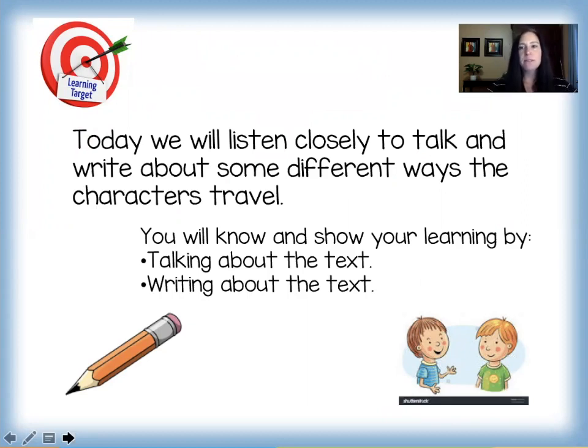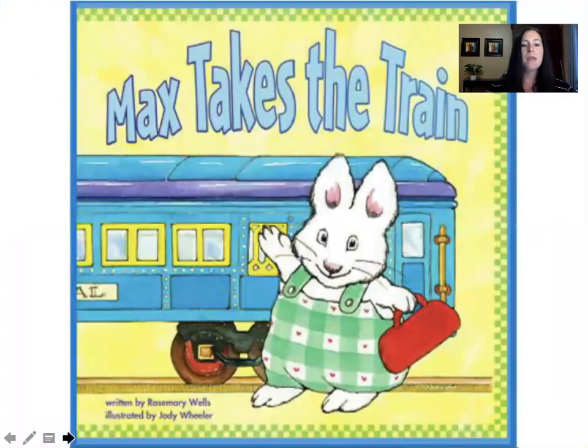So remember, boys and girls, that we're going to be thinking about the characters and how they travel, what types of transportation that they use to get somewhere. Today, we're just going to read part of our story for activity 1. And then when you join me next week, you will listen to the rest of our story in activity 2.